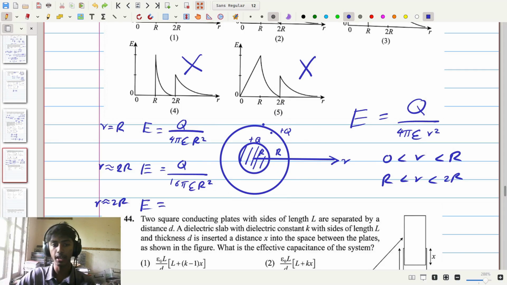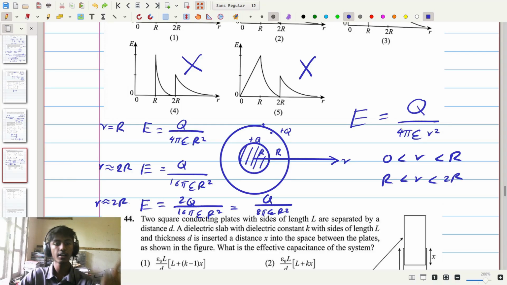Therefore, E will be 2Q divided by 4 pi epsilon times (2R) squared, which simplifies to 2Q divided by 16 pi epsilon R squared. If you cancel the 2, we get Q divided by 8 pi epsilon R squared.